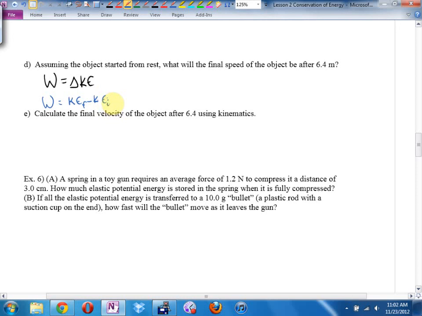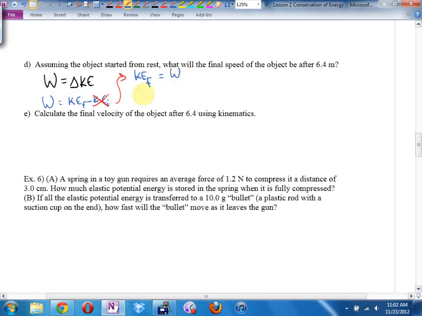Are any of these 0? It says starts from rest. And here's what we're really saying then. Your final kinetic energy is equal to the net work on an object.